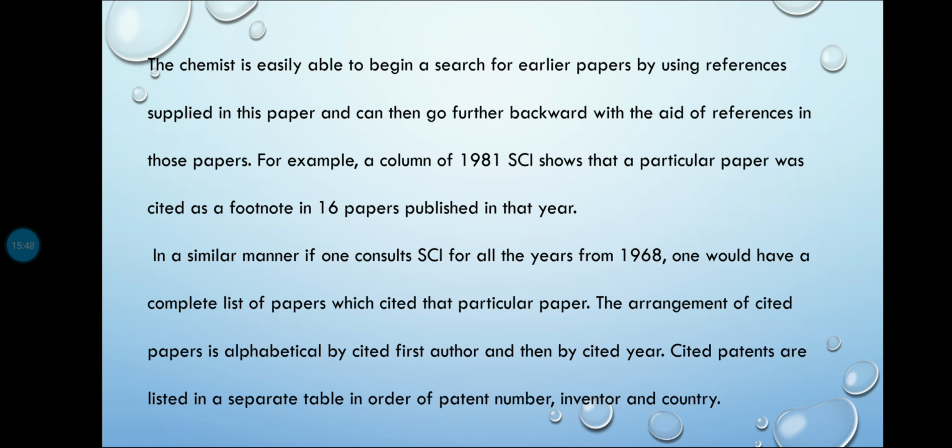In a similar manner, if one consults the Science Citation Index for all the years from 1968, one would have a complete list of papers which cited that particular paper. The arrangement of cited papers is alphabetical by cited first author and by cited year. Cited patents are listed in a separate table in order of patent number, inventor, and country.